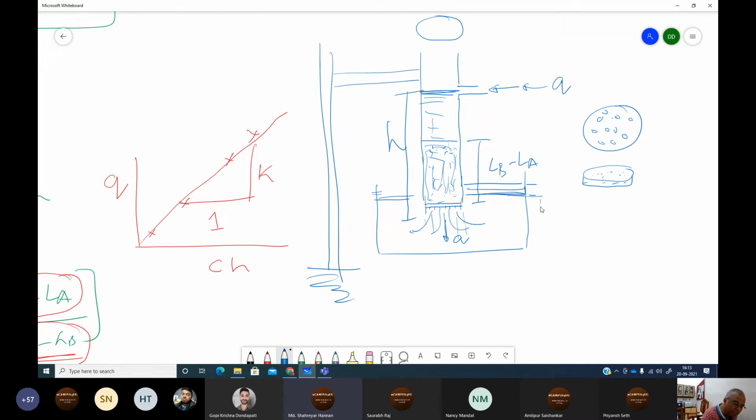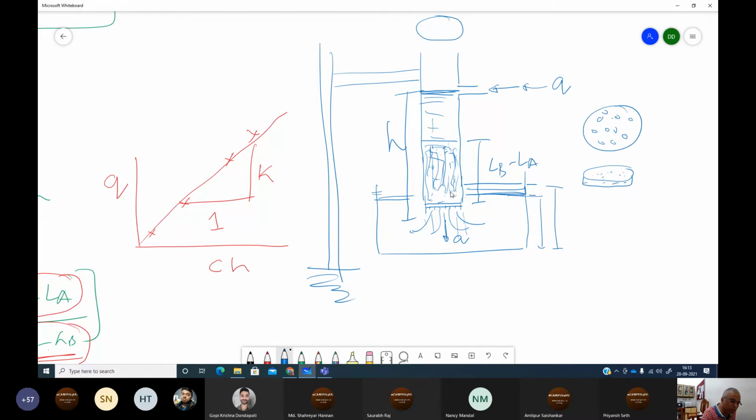We measure the initial height, then after 5 minutes, what the height is. So HB minus HA represents that change. That's the quantity. Because this quantity is coming through this, right? So that gives me one Q versus one H.